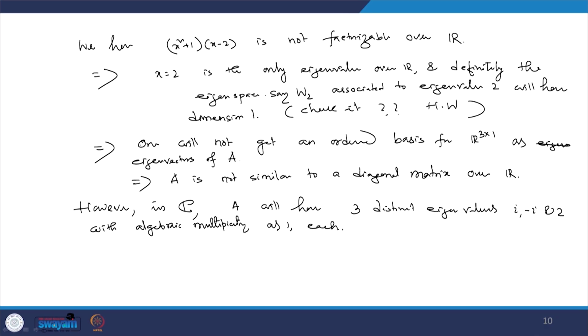And we know that if the eigenvalues are different, then the corresponding eigenvectors are linearly independent.